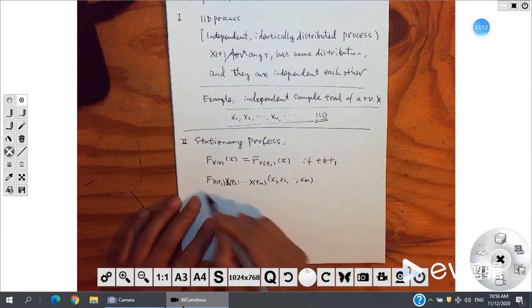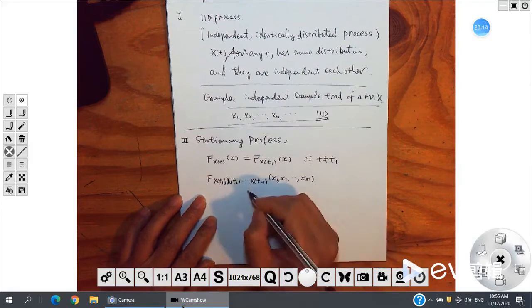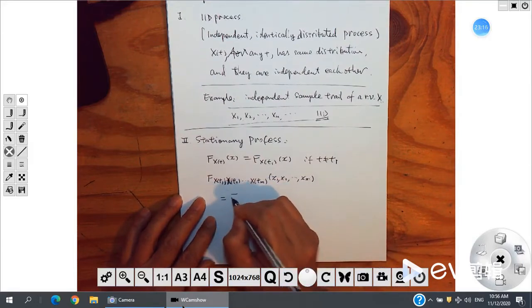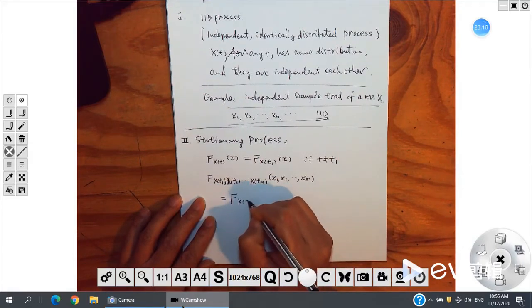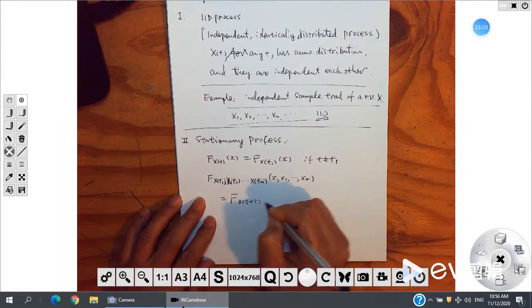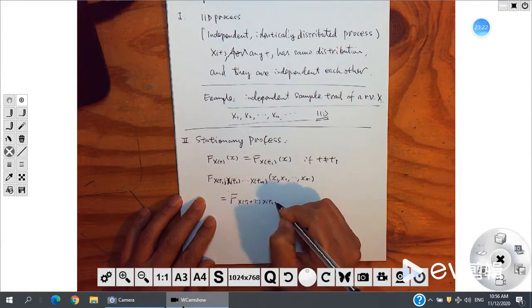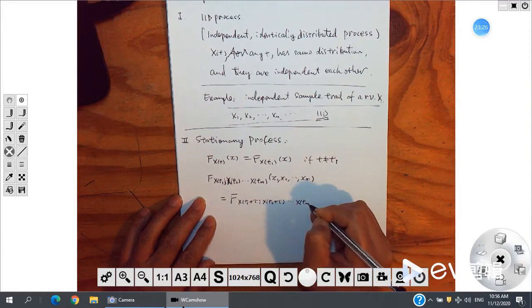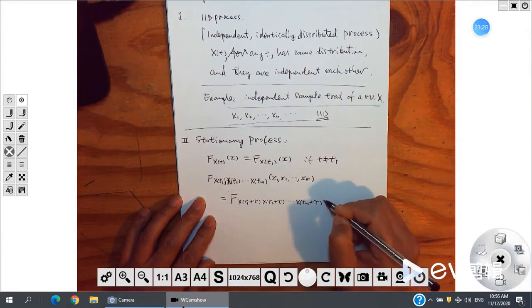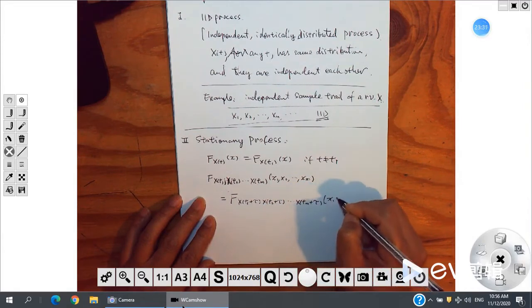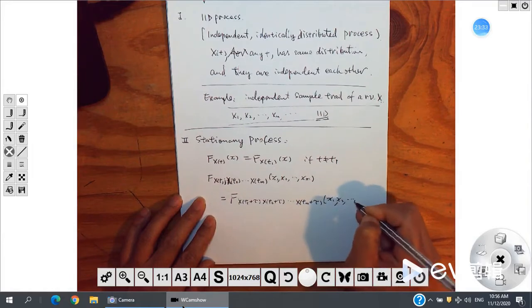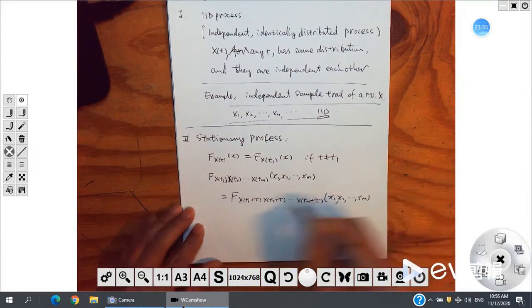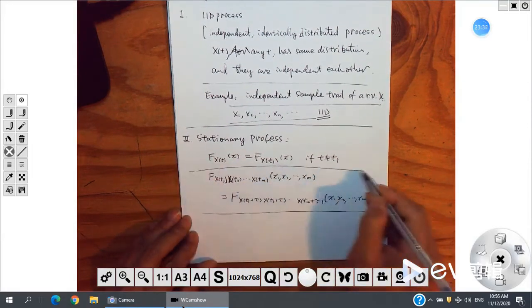They have the joint CDF. This joint CDF is equal to F of X(t1 plus tau), X(t2 plus tau), to X(tm plus tau), and here it is still X1, X2 to Xm. Do we have these? We have these.